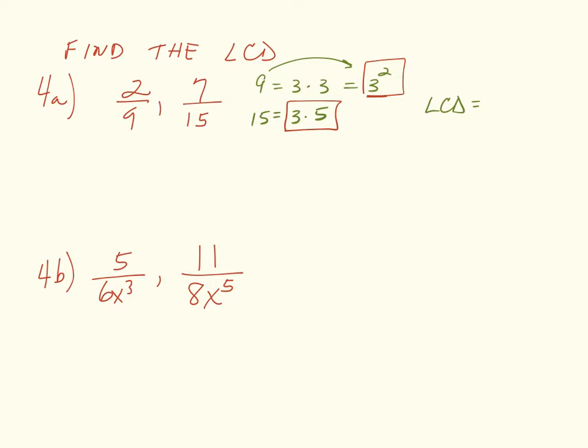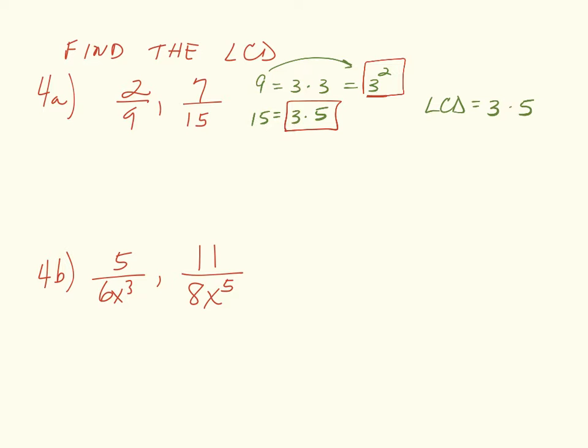So what my LCD has to contain is some 3s and some 5s, because those are the only different factors that appear in either one of these two. Okay, there are no 7s or 11s or 2s or anything else here that are prime numbers, only 3s and 5s. The thing is, I want the 3 and the 5 that have the biggest exponent.